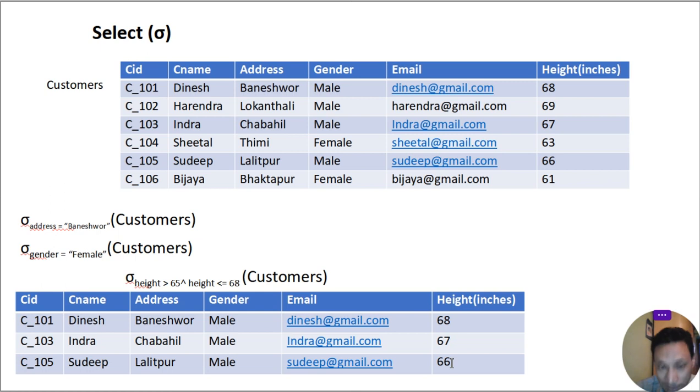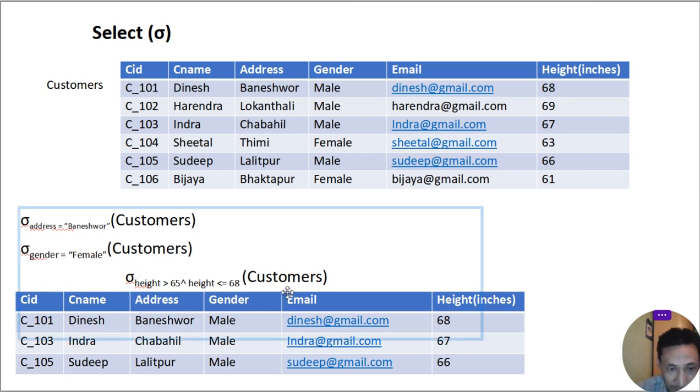This is the resulting table of this query, where the customer's height is greater than 65 and less than or equal to 68. So in this way we can use the select operator to retrieve records of those people whose conditions are met. And you can see here it is working on only one relation. So select is a unary operator.